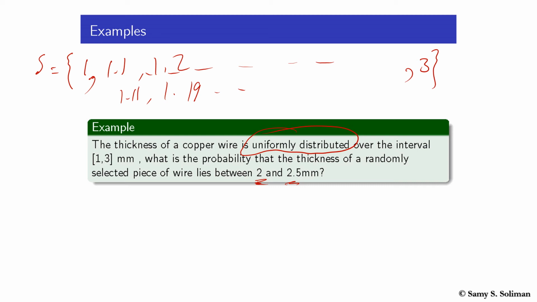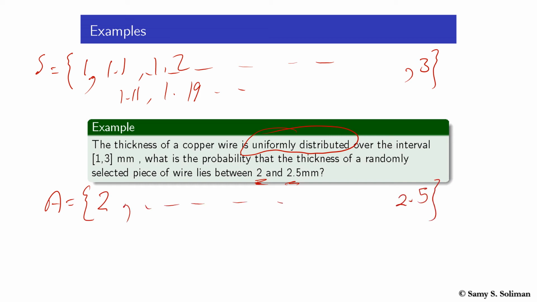So when we get to calculating the probability of a certain event, we cannot just simply count the number of elements, because that will be infinite. Even here, if we assume that event A specifies that the thickness is between 2 and 2.5 millimeters, so we have 2 is an element, 2.5 is an element.